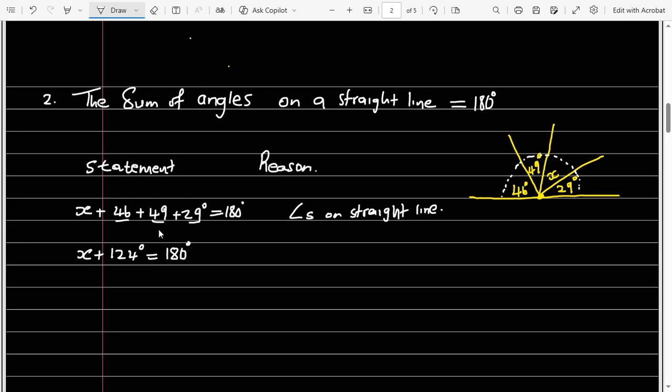So you take this 124 and move it to the other side so that it changes from positive to negative. Therefore, x is 180 degrees minus 124 degrees, which is 56 degrees. So x is 56 degrees. When they ask you to find x, you write your statement down, then you give them a reason why you are saying so.